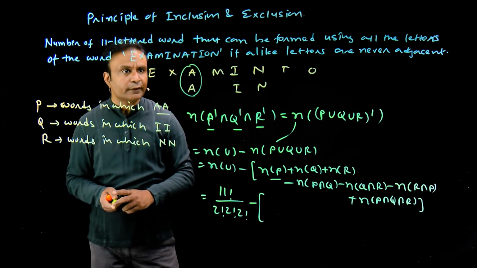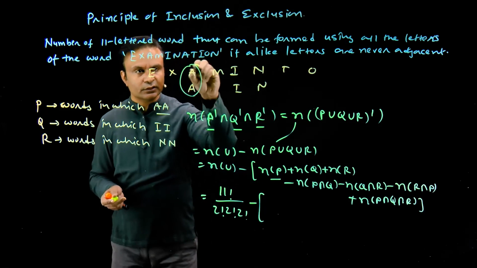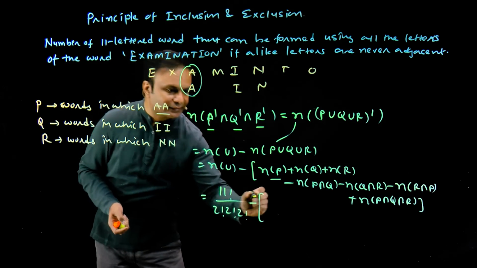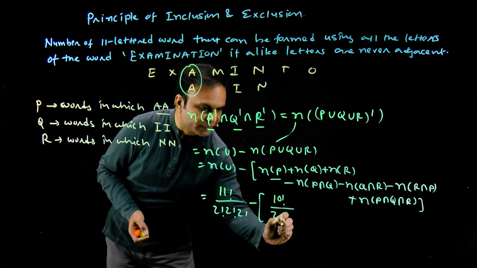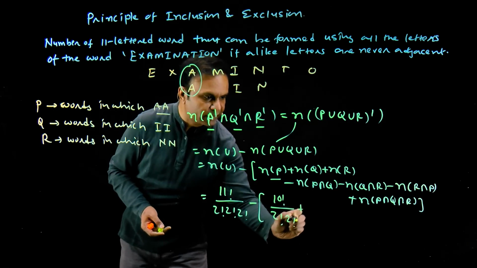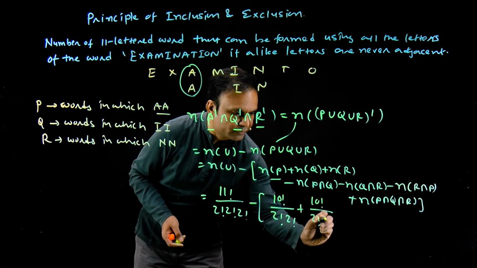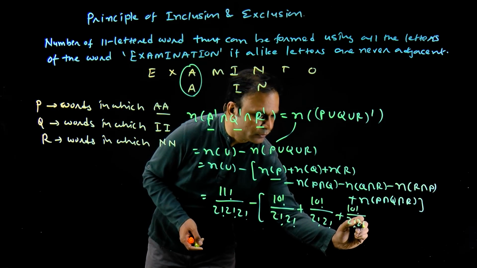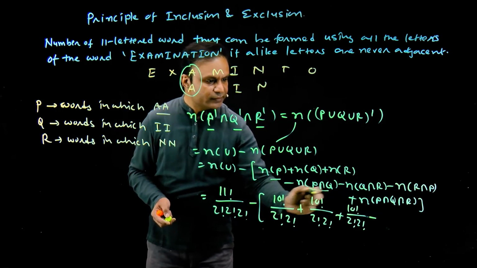Now I have these 9 letters and this group. That means I have total 10 objects. How will I arrange this? This is equal to 10 factorial upon 2 factorial 2 factorial. Similarly, Q is the same, 10 factorial upon 2 factorial 2 factorial. R is also 10 factorial upon 2 factorial 2 factorial. Minus this one, P intersection Q.